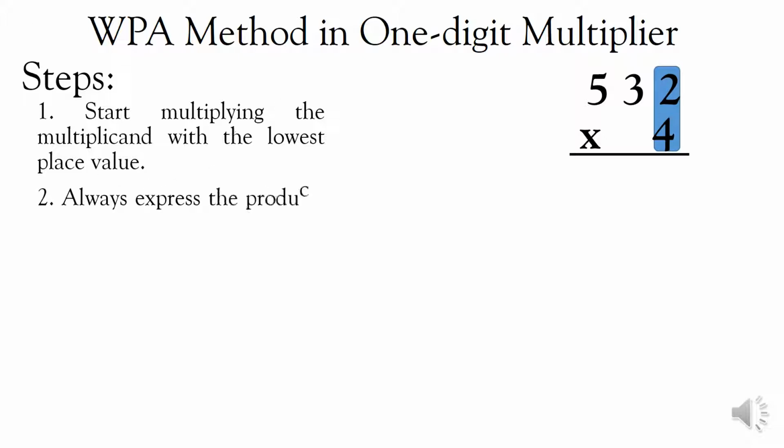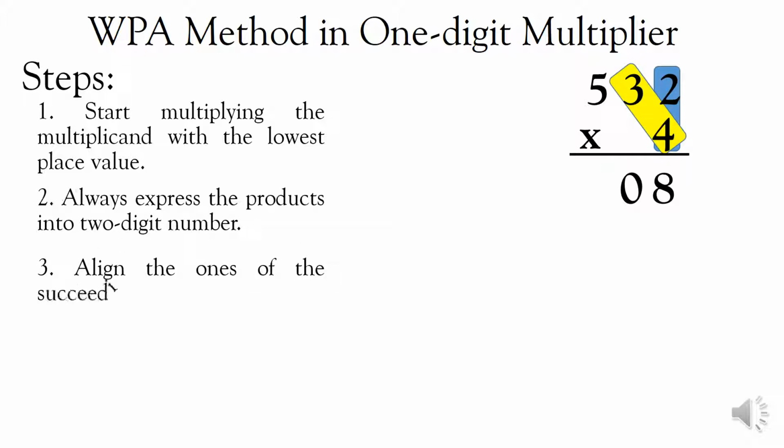The second step states that we will always express the products as a two-digit number. So if we multiply 4 by 2, the result is 8. Following the second step, we will write 08 instead of a single digit 8. The second number to be multiplied by 4 is 3.